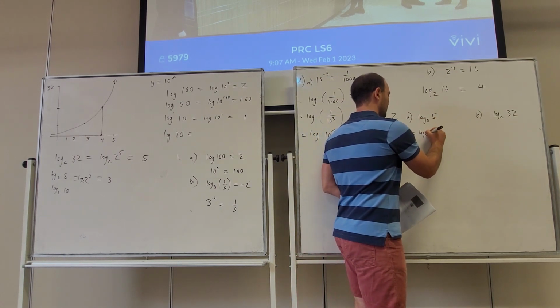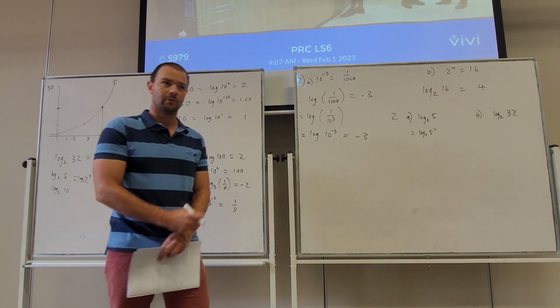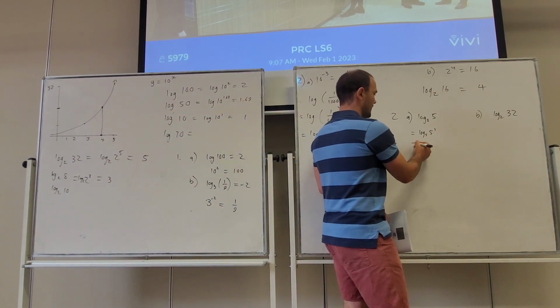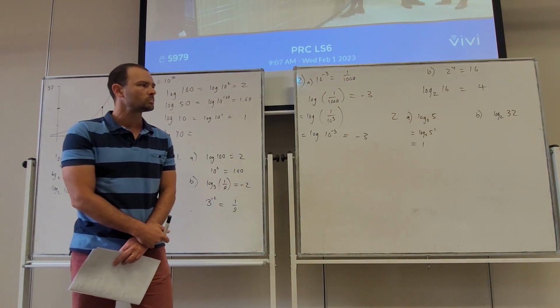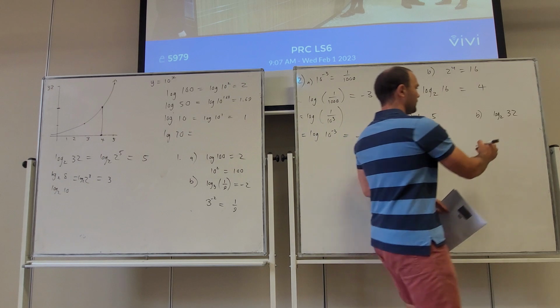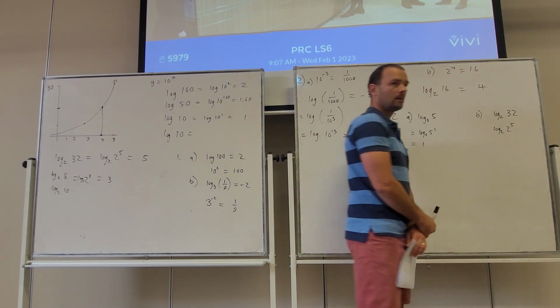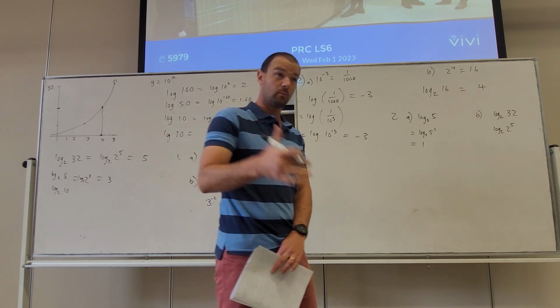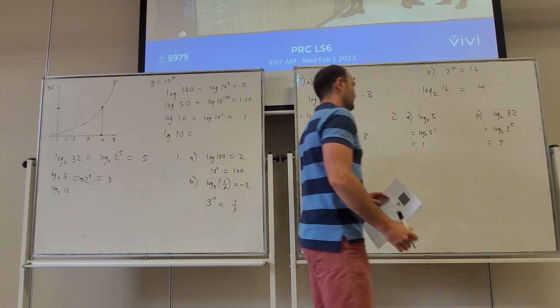So log in base 5 of 5 to the power of 1. No massive changes there. We've expressed it as a power of 5, so now it evaluates to the power. Log in base 2 of 32 is 2 to the power of 5. We've expressed it as a single power of 2, so now it evaluates to the power.